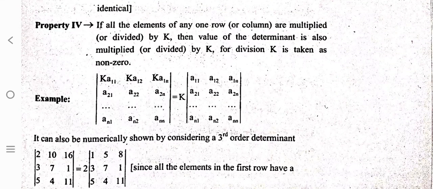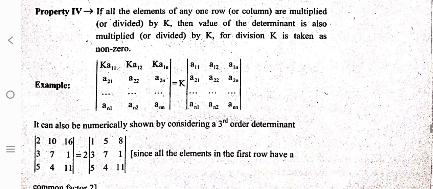And property 4: if all the elements of any one row or any one column are multiplied or divided by any non-zero factor, then the value of the determinant is also multiplied or divided by that non-zero factor.